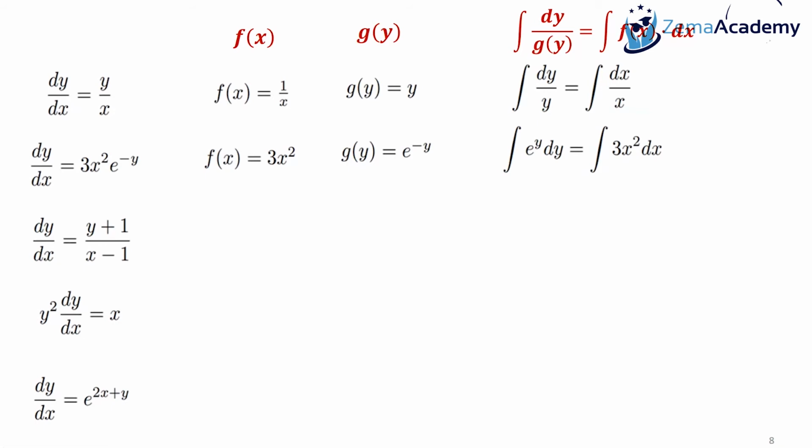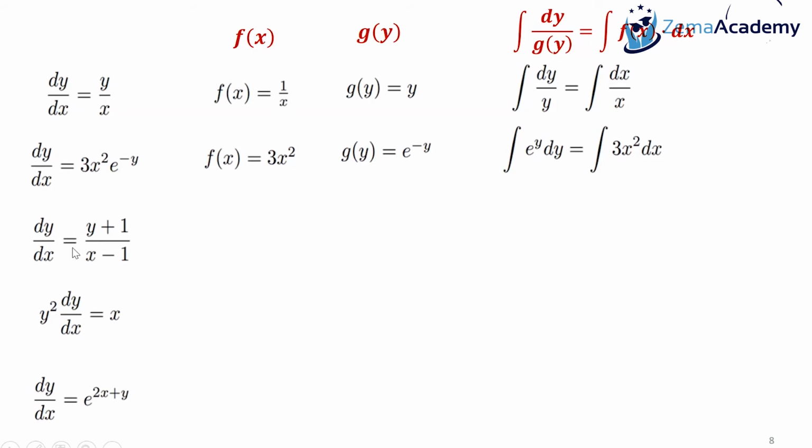When we are trying to solve a differential equation, there are various ways. So in this case, what we are trying to do is bring the like terms on one side of the equation, that is y terms, including dy, on the left hand side, and x terms, including dx, on the right hand side.